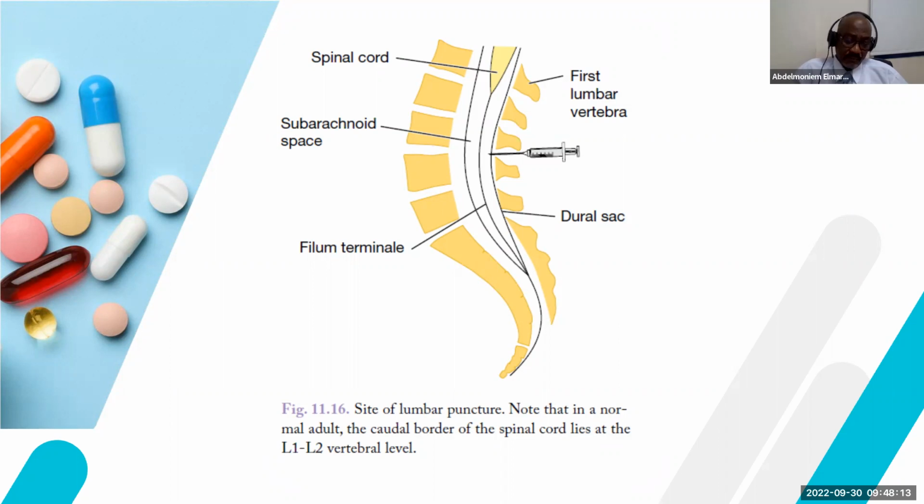People take a sample from there, but there are infection precautions. Also, if the subarachnoid space is under raised pressure, you don't do it because you will cause sudden decompression, and the sudden decompression might lead to problems. But it's an important piece of information related to CSF circulation.